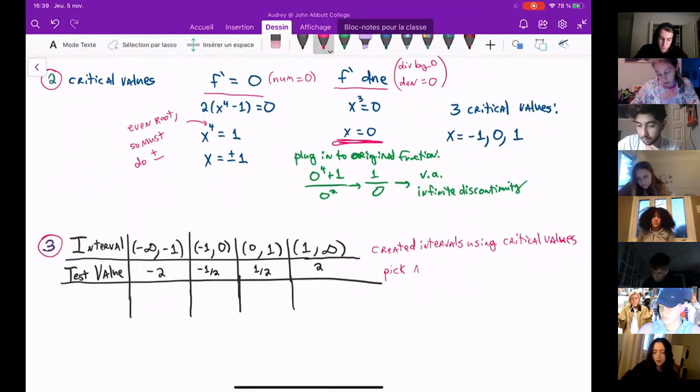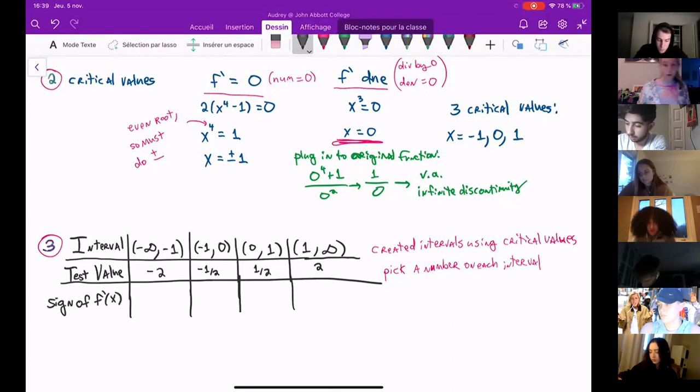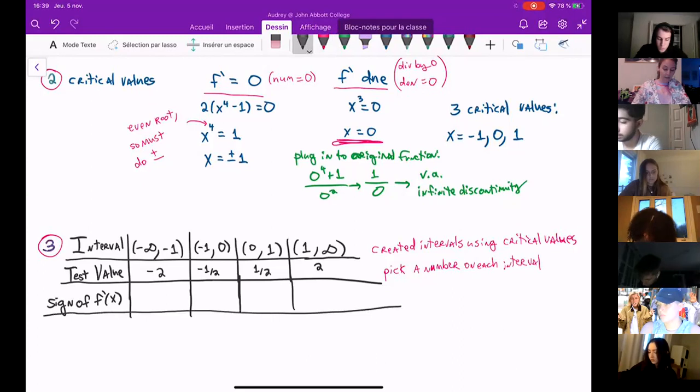Then I'm going to plug those numbers into f prime to find the sign of f prime at those numbers.